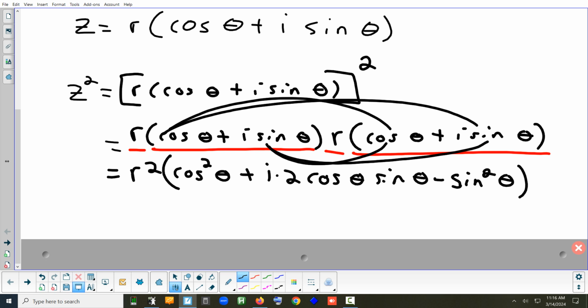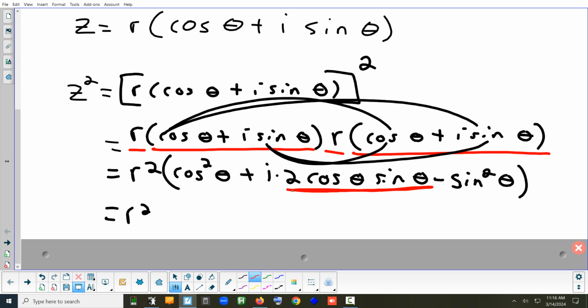Oh, I remember now. I have to think for a second. Does this look familiar at all? I'm pretty sure there was something that we could change that into. We wrote it as 2 sine cosine. This is 2 cosine sine, but it is the same thing.